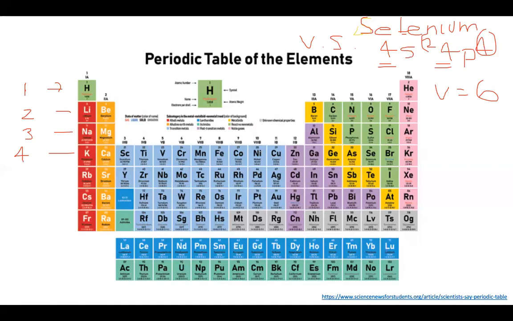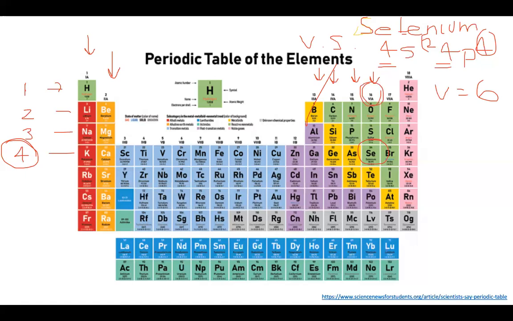So we have group 1, group 2, we skip the transition, 3, 4, 5, and 6. So here we have selenium. Selenium is located in row number 4, group number 6.